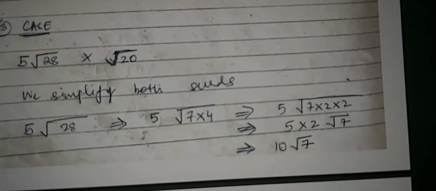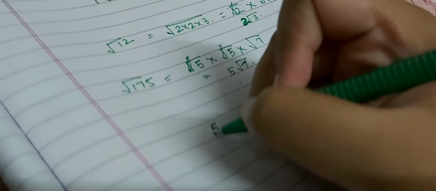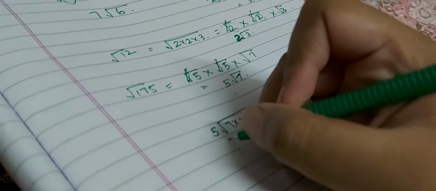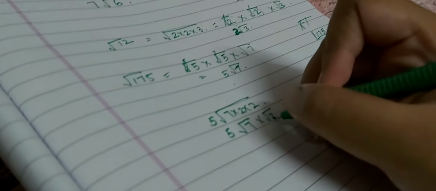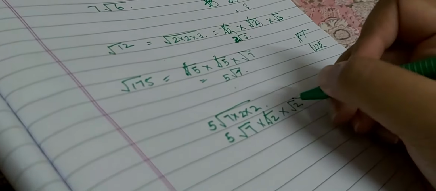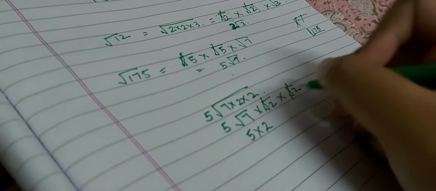What do I get? Now, look. If I'm going to take it from here, it is 5 root 7 into 2 into 2. Can also be written as 5 root 7 into root 2 into root 2. Correct? Kata, kata. What do I have? 5 into 2. 2, 2.